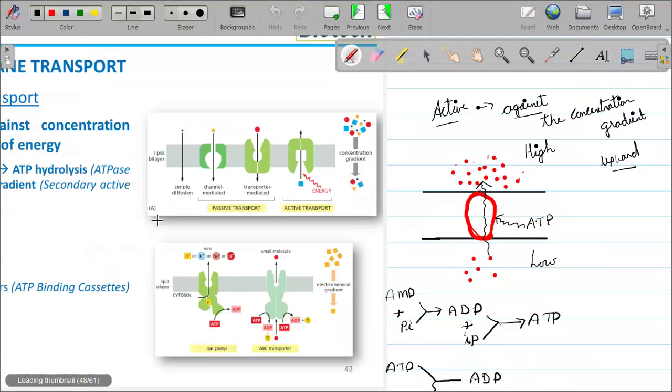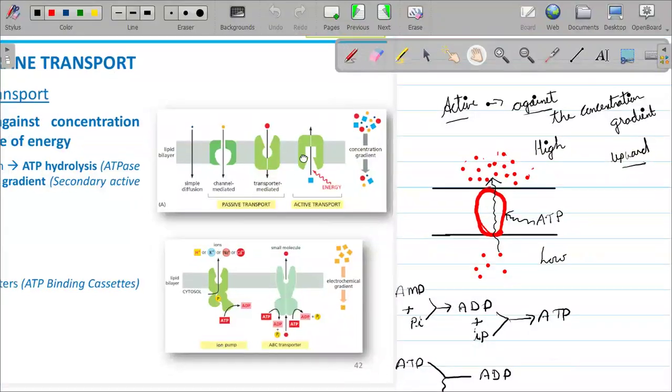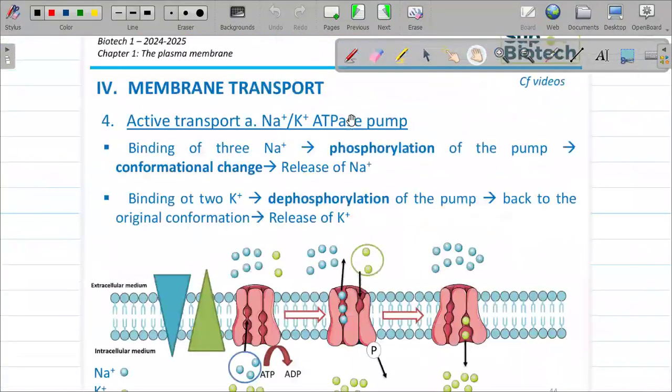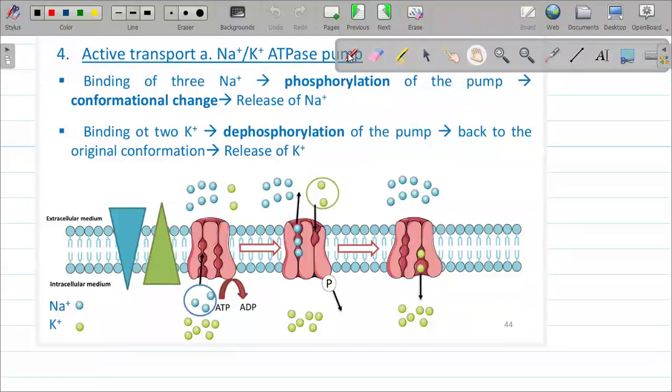As per the rule I have given in the previous one, the same rule can be applicable here. So this is the same cycle which explains how the transport of molecules happens. You can see everywhere this is Na+ and this is K+. Here you can see three Na+ molecules, outside or inside?